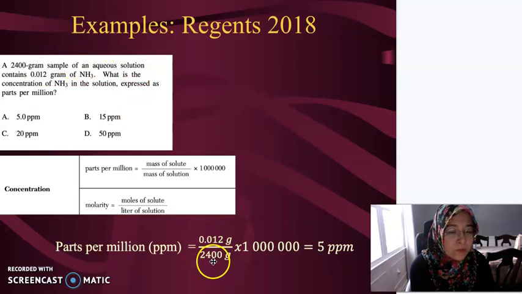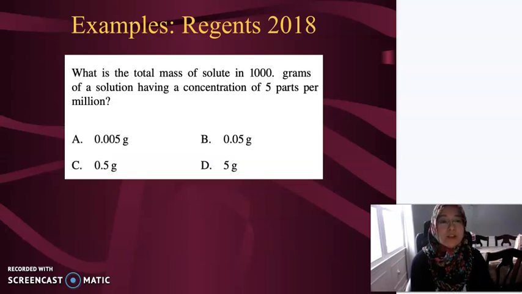Solution is 2400 gram, times 1 million is 5 ppm, which is A. Next question, again from the same year, they ask another one. This time, what is the total mass of solute? Solute mass is asked now.